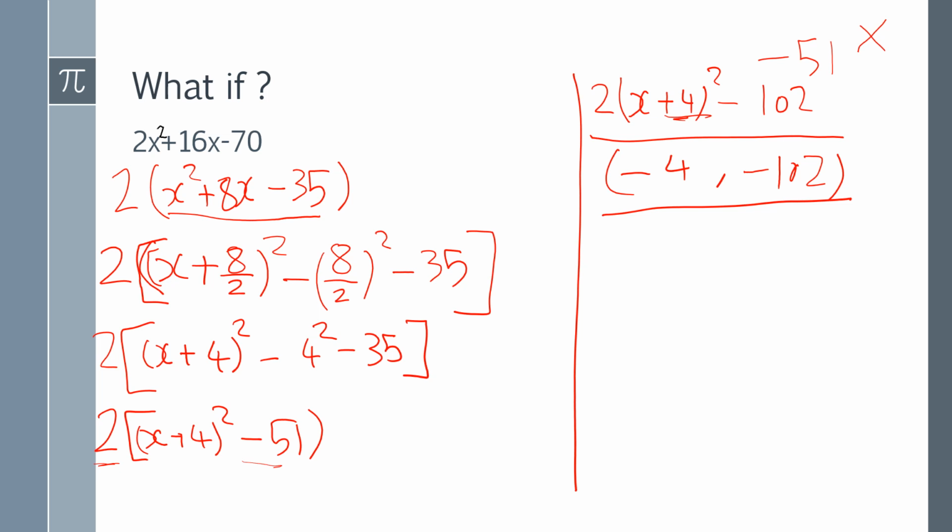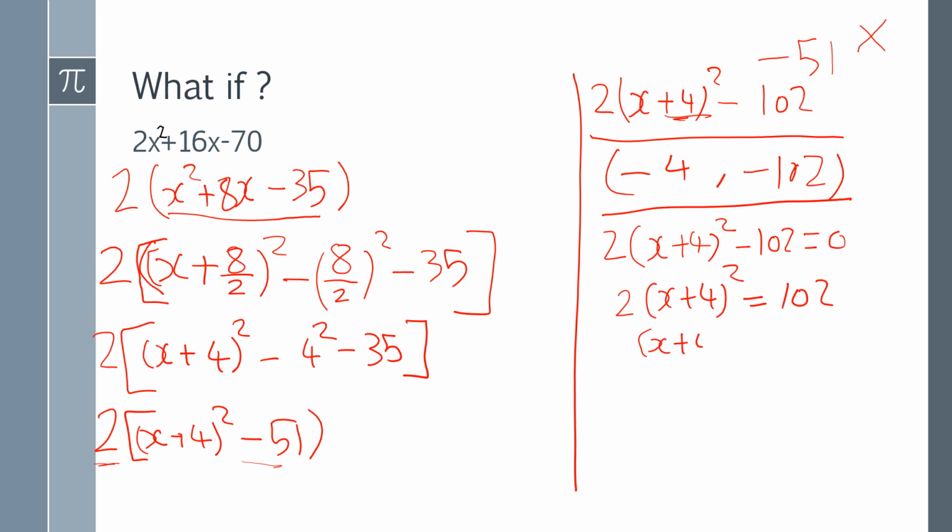Now, if the question tells you to find the value of x, you just do the same thing. So you stop it here, 2 times x plus 4 squared minus 102 equal to 0. You add 102 to both sides, you get 2 times x plus 4 squared equal to 102. You divide both sides by 2, so x plus 4 squared equal to 51.